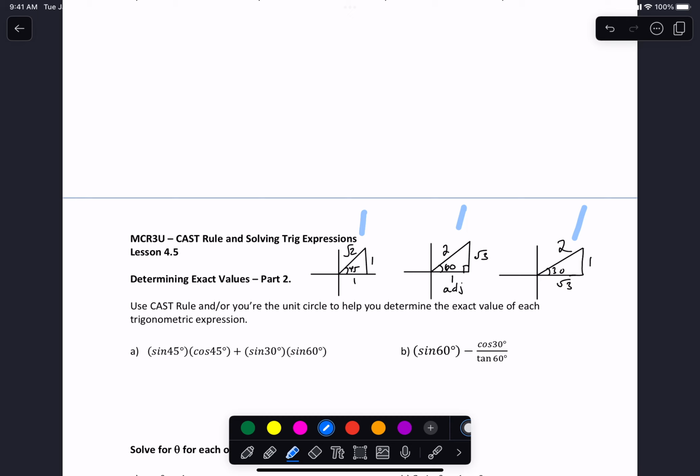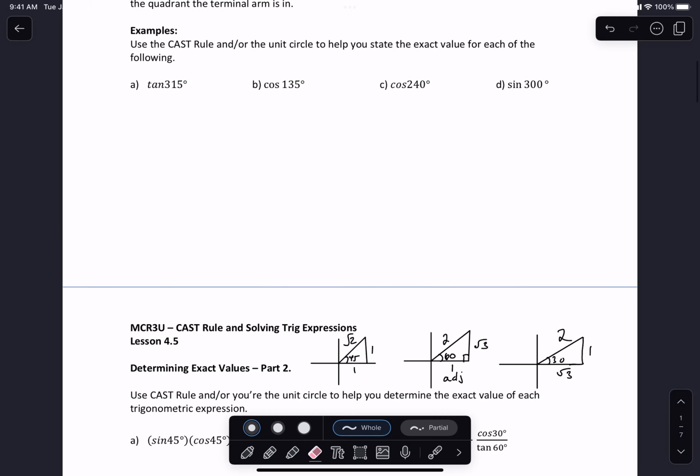Each one of these can produce a triangle in this quadrant, this quadrant, this quadrant, and this quadrant. So when you compound that over 3 of them, you get 12 possible angles that we can produce from 0 to 360 with these 3 triangles. 4 of them are right here in this question.